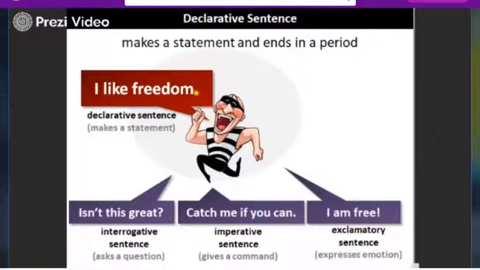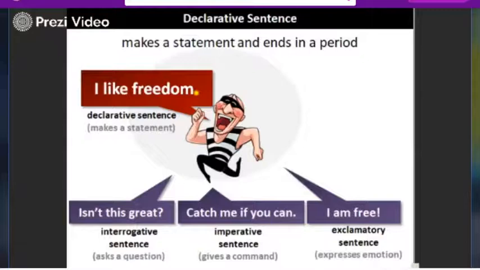The declarative sentence makes a statement and ends with a period. I like freedom. That is the declarative sentence. Look down, and you have a question mark, a period, and an exclamatory or exclamation point. Each one of the ones that are in purple is a different type of sentence.